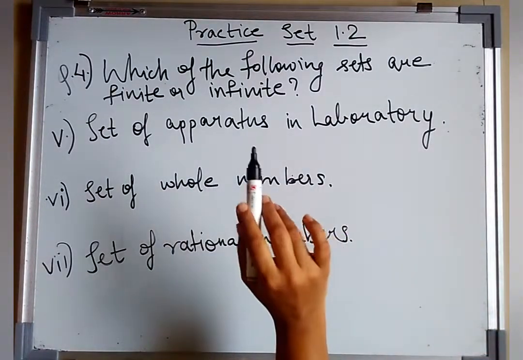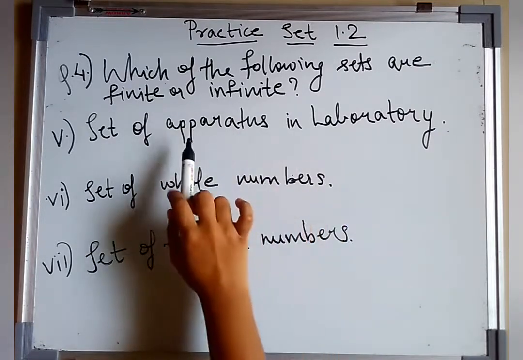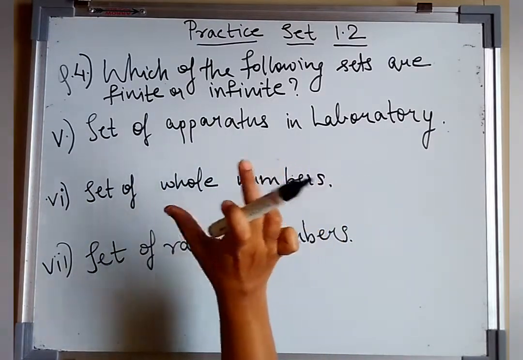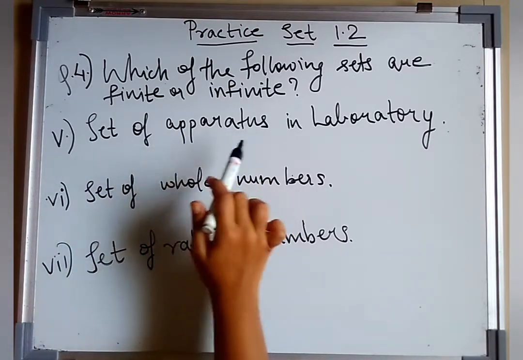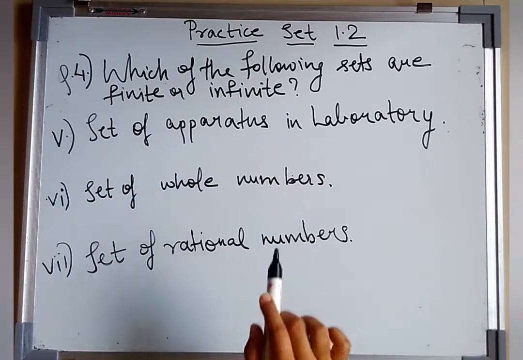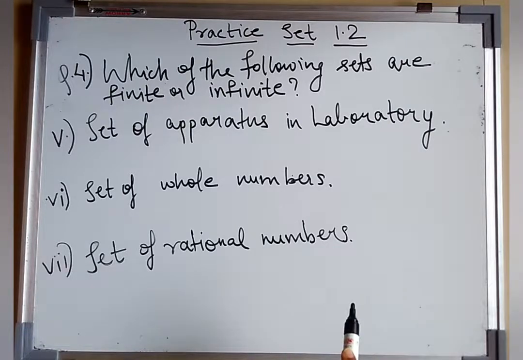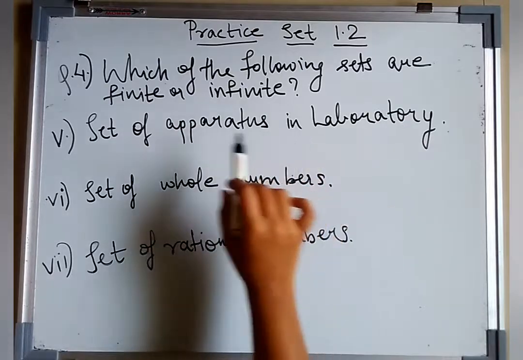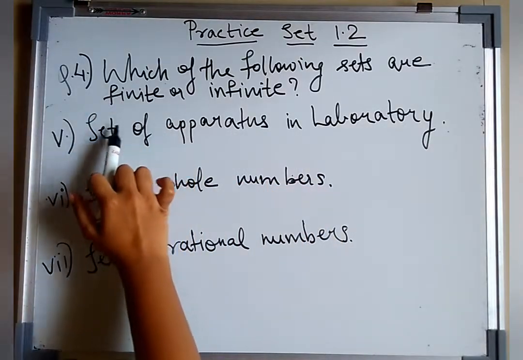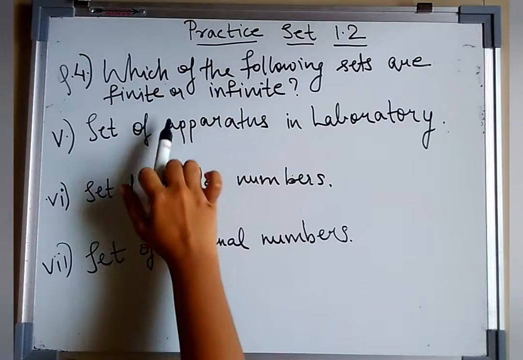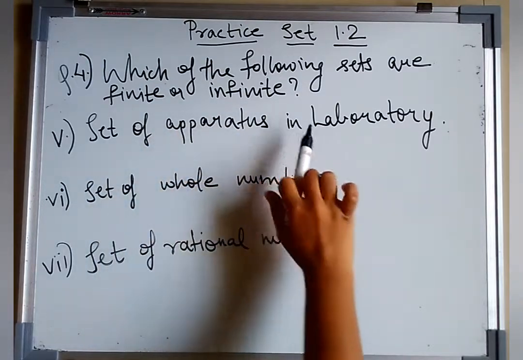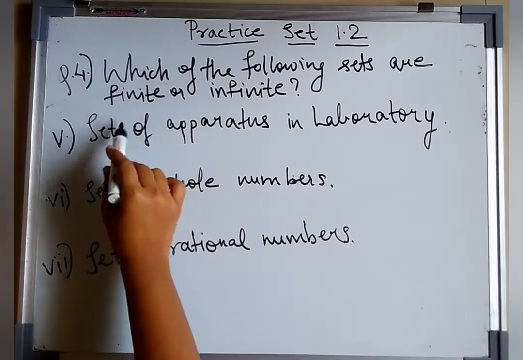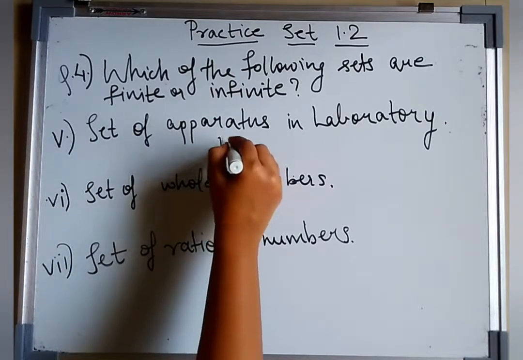But wherever it is, any lab will have a perfect record of all the apparatus it has. So it is a countable set and we definitely know what number of apparatus is available in the laboratory, and we will find such records already preserved. So only a limited number of apparatus will be there in a laboratory. So this set is again finite.